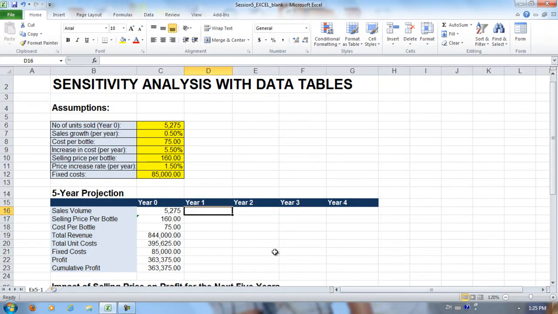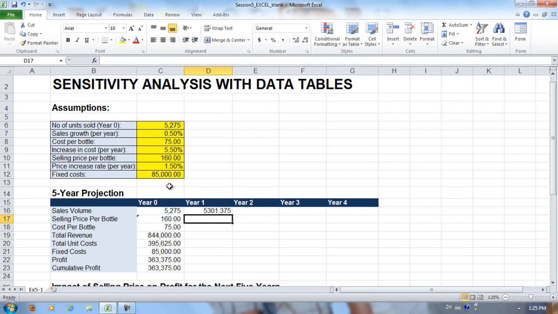Sales volume for year 1 is simply the previous year's sales volume plus our projected sales growth. Press enter.